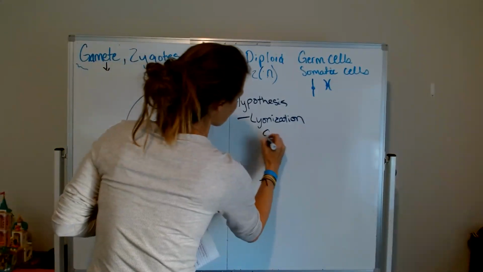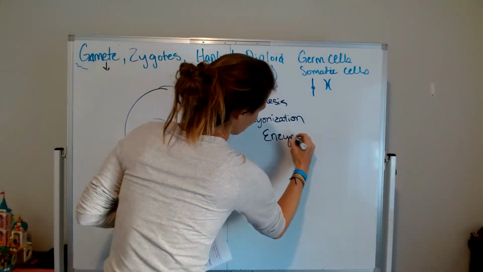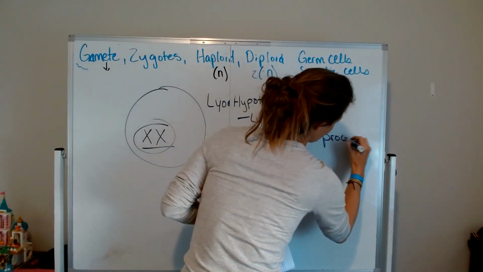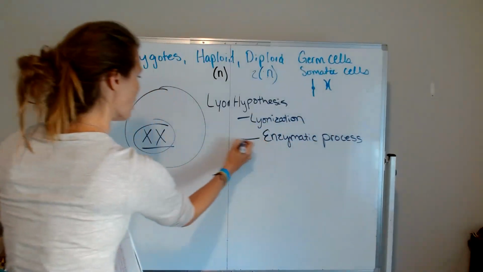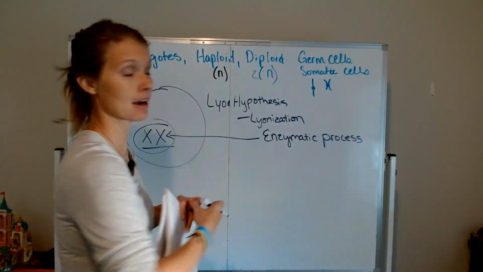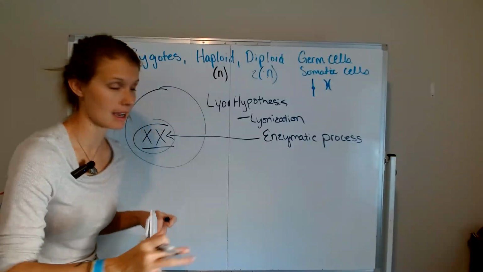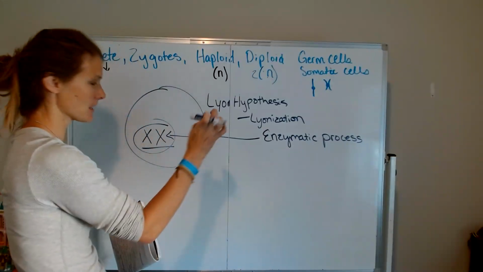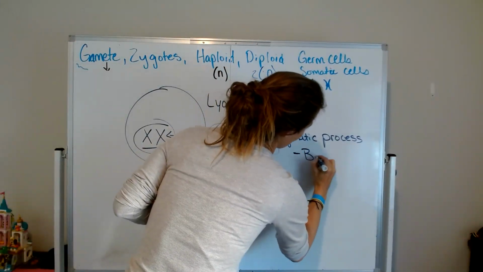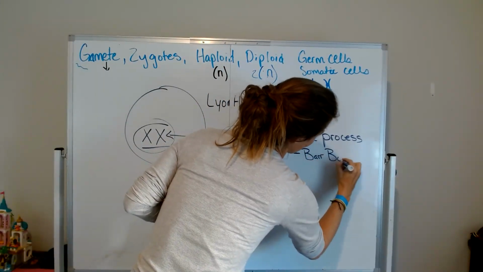It's an enzymatic process that shuts off one of these X's, and it's random. It doesn't matter which one. They'll just shut off one of them. Okay? It just shuts off one. It just becomes a little bar body. The one that's off is called a bar body.